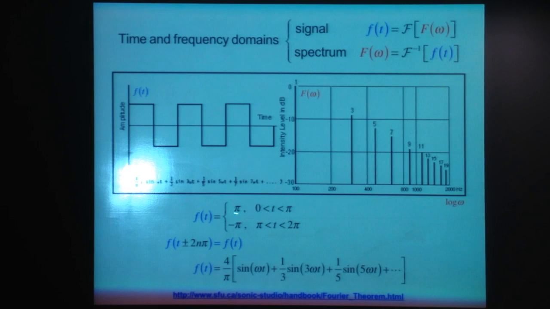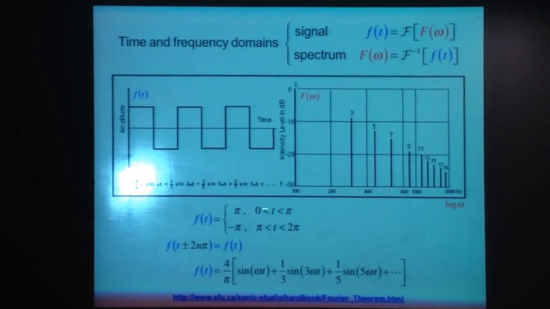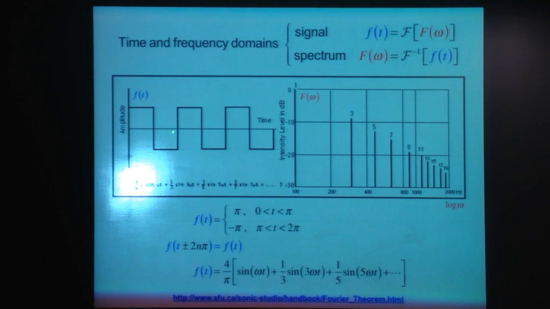So the function is equal to pi if the time variable is in the range 0 to pi. But if we're greater than pi, in the range from pi to 2 pi, then the function goes negative, so its value is negative pi. That's this simple square wave, or sometimes people call it top hat function.